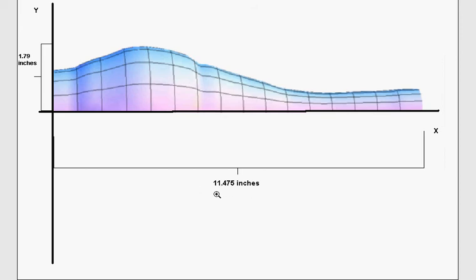The length is 11.475 inches, and I took approximately 37 equal measurements from the base to the top of the bottle. Each one was roughly 0.31 inches apart from the previous measurement.